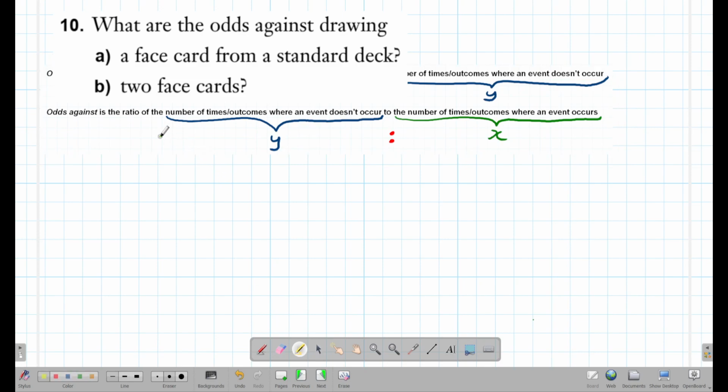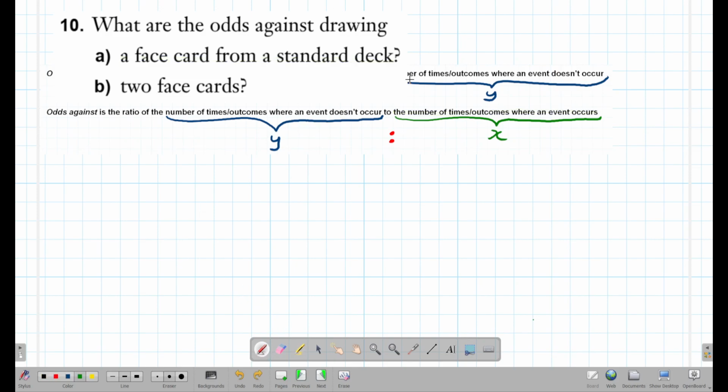It says odds against is the ratio of the number of times or outcomes where an event doesn't occur to the number of times or outcomes where an event occurs. So all we have to do is find the number of outcomes where you don't draw a face card from a standard deck, and compare that to the number of outcomes where you do draw a face card from a standard deck.